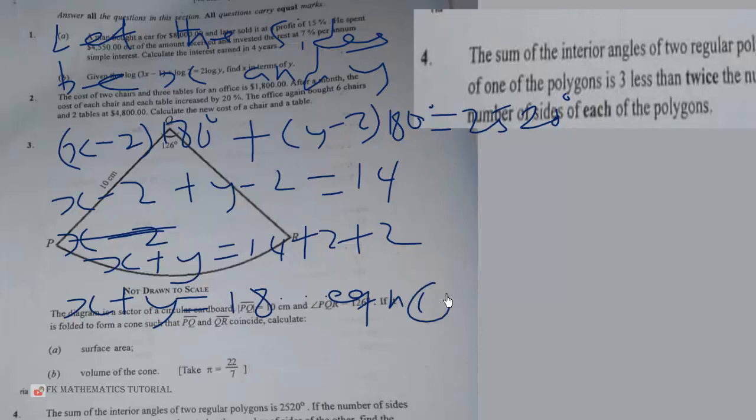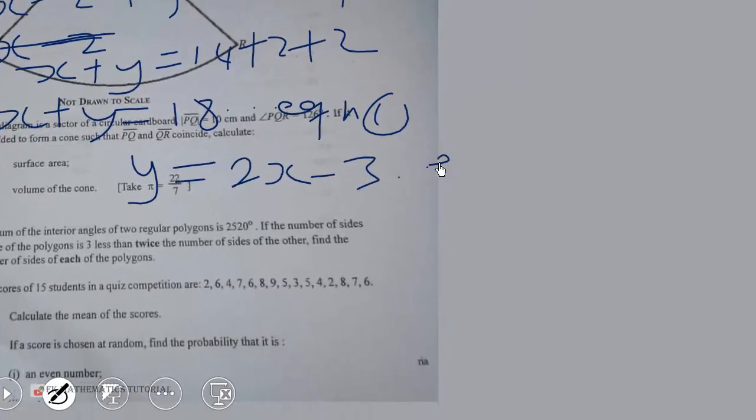Then we're also told that the number of sides of one of the polygons is 3 less than twice the number of sides of the other. So the number of sides of one of them, y, is 3 less than, so we subtract 3 from twice the number of sides of the other, y equals 2x minus 3. That gives us equation 2.